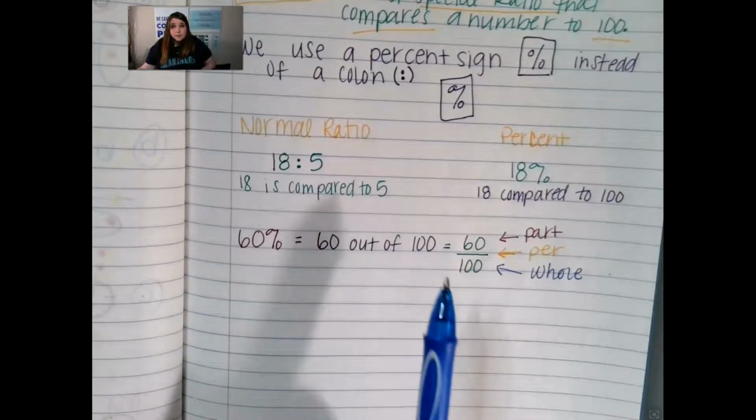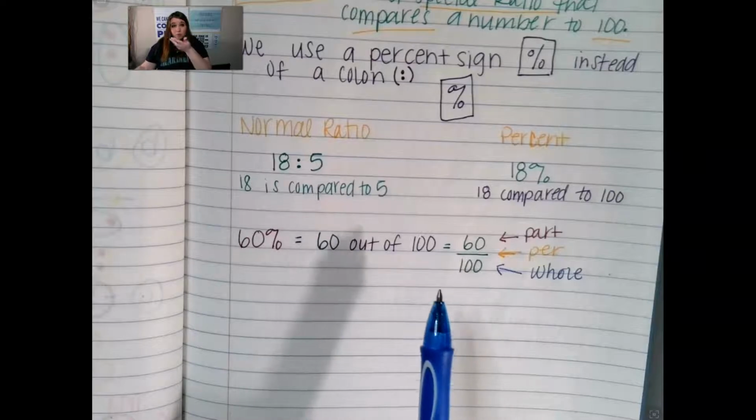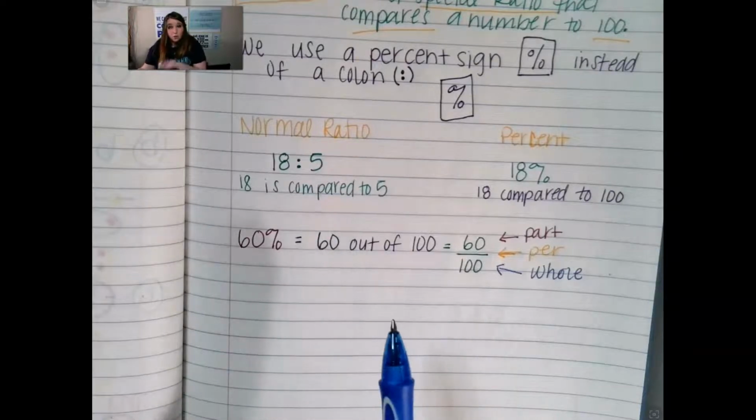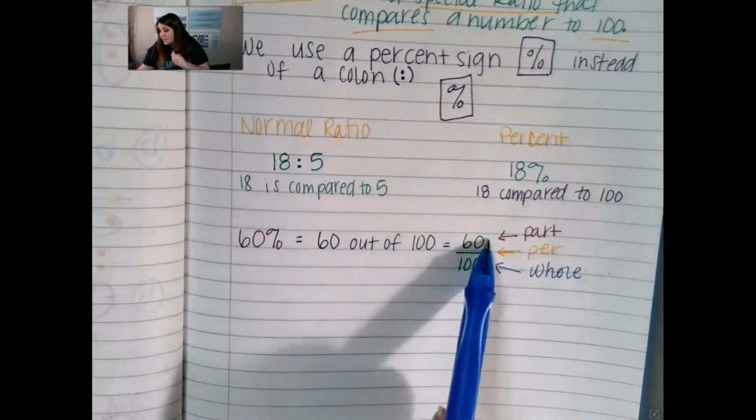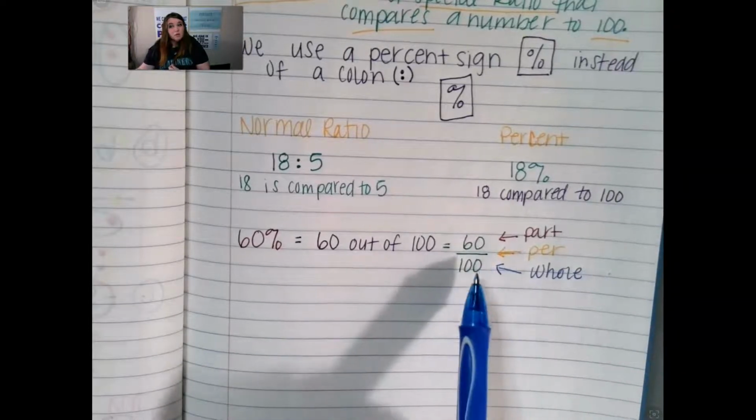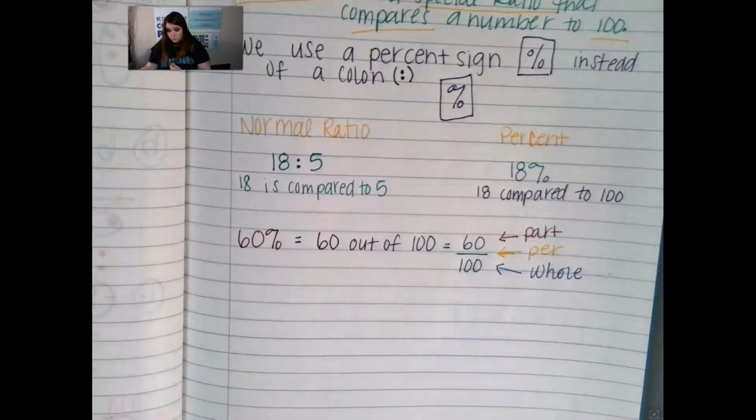When you're making $1, you have 100 cents, 100 pennies in $1. This is like saying 60 pennies out of a whole dollar, so thinking of it like money.